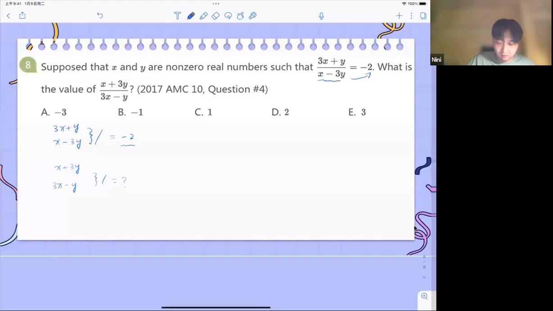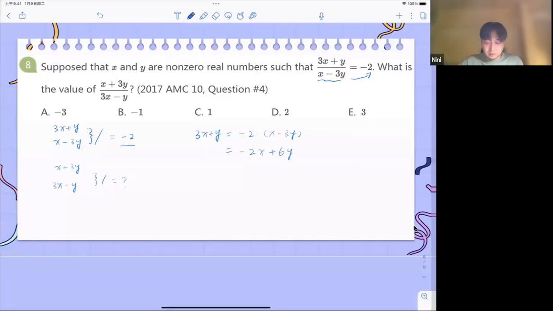So what I'm going to do here would be 3x plus y equal to -2 multiplied by this part. Okay, now we need to deal with the right side because we want to simplify them. So that would be -2x, and we get plus, right? Because we got 2 minus symbols. So we got this stuff.